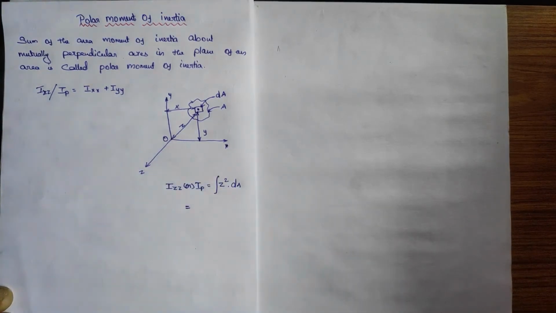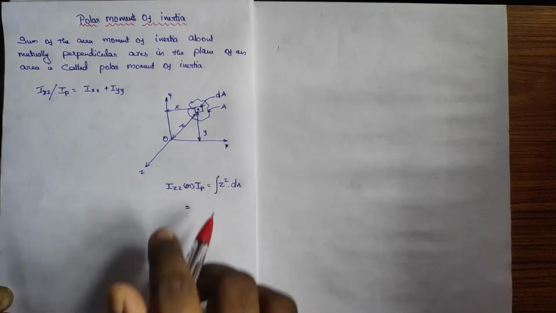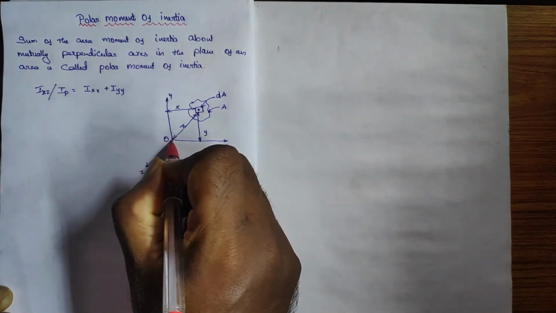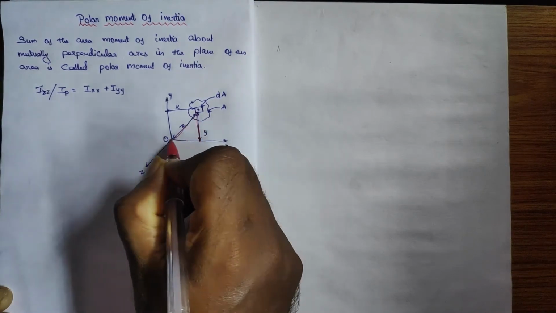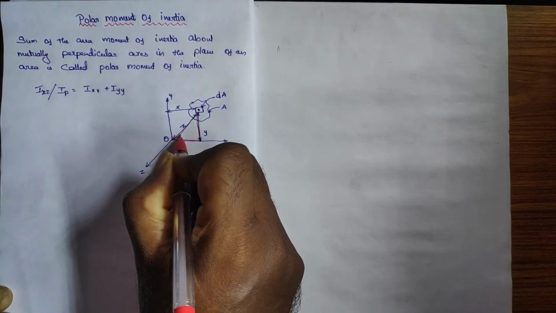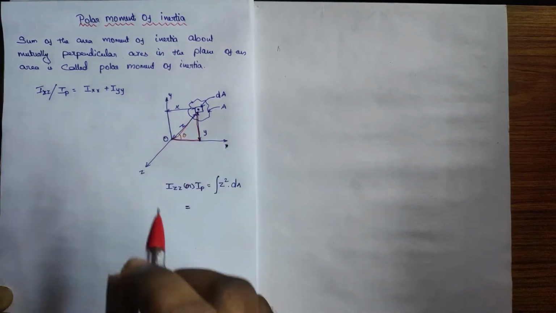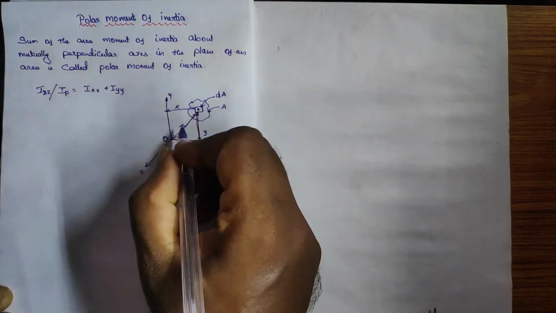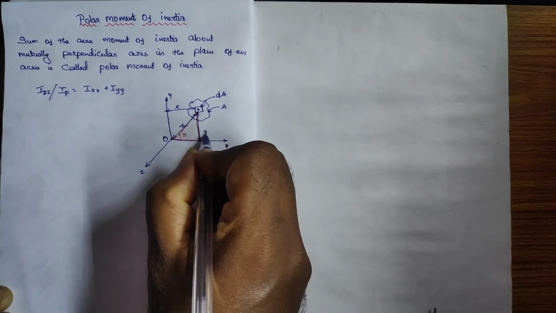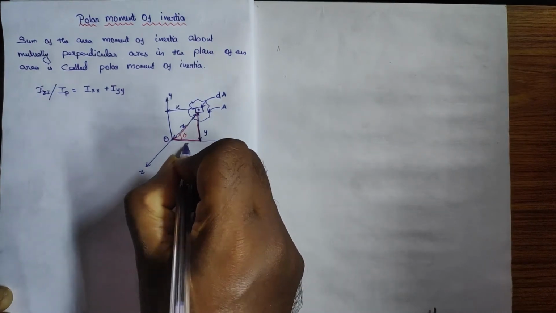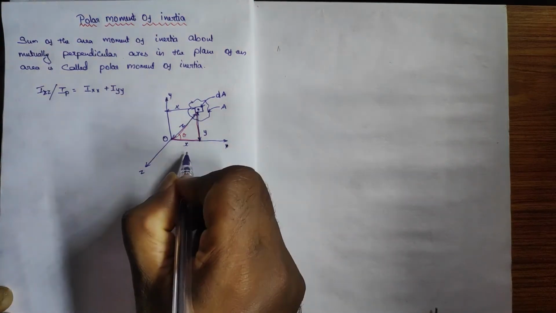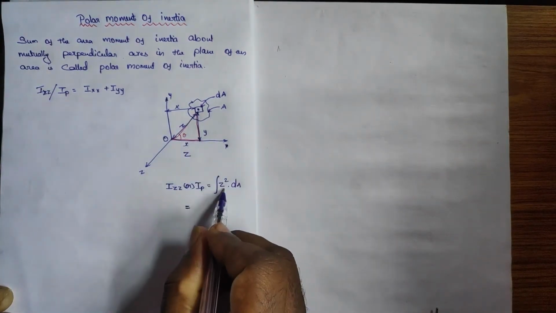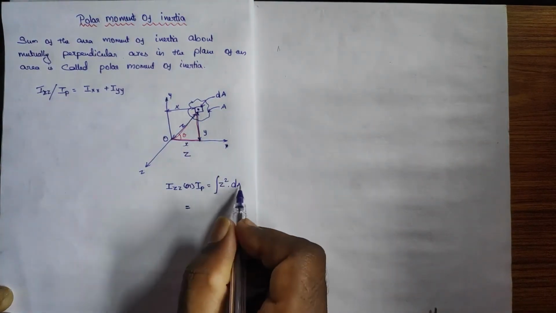If I want to simplify it, consider this as a triangle. Here this distance is z, this distance is y, and this distance is x, the parallel distance. Here we have z square into dA.